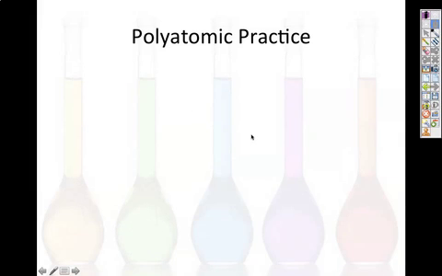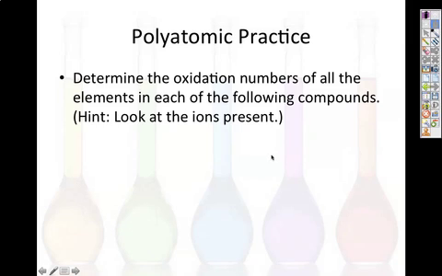Okay, polyatomic ions are a little bit different for us. We determine the oxidation number of all of the elements in each of the following. And so we're going to look at the ions that are present. So if we have Fe2(CrO4)3, and I want to figure out what we have overall, I want to just find the chromate in particular.